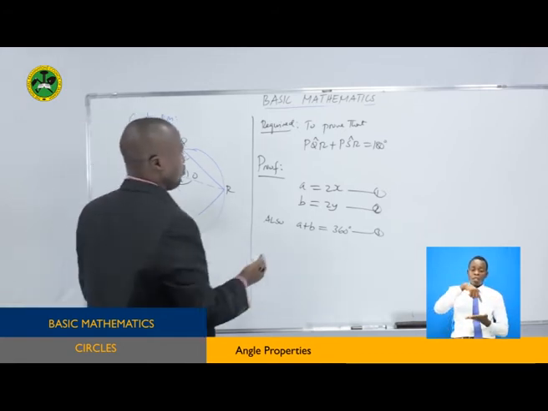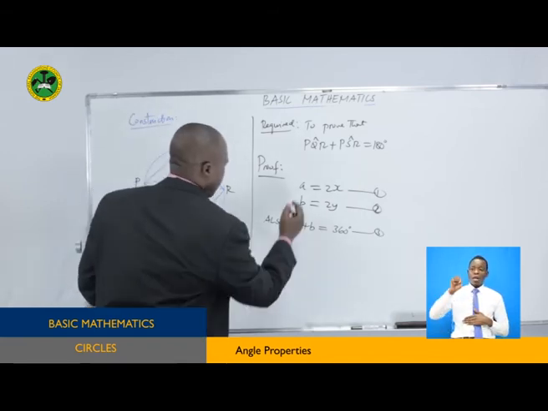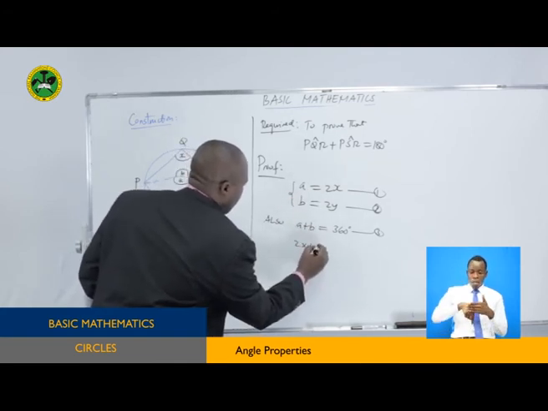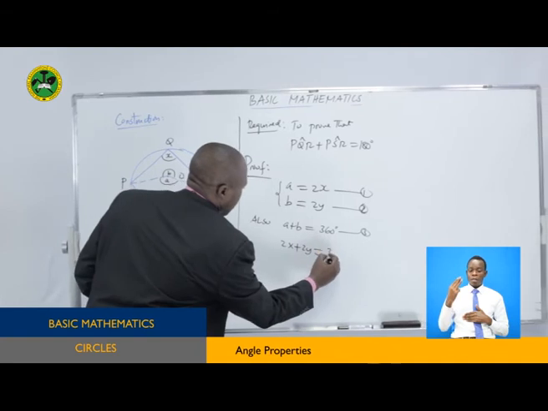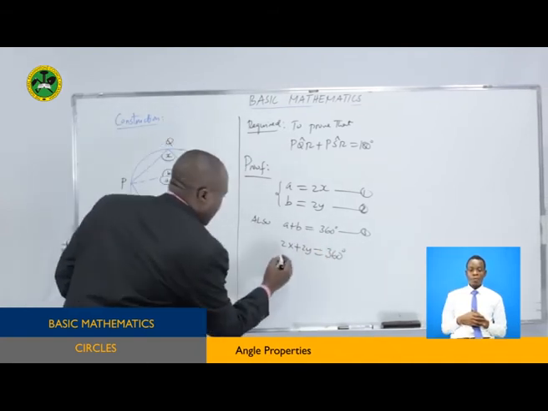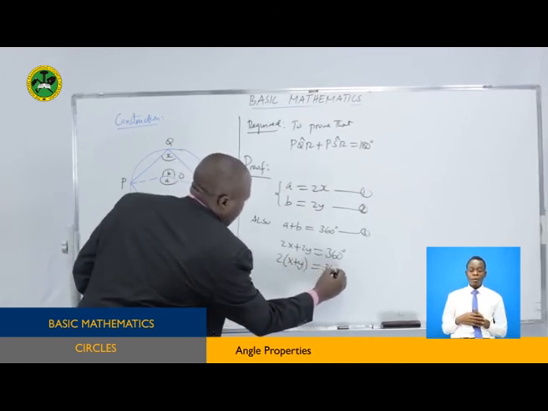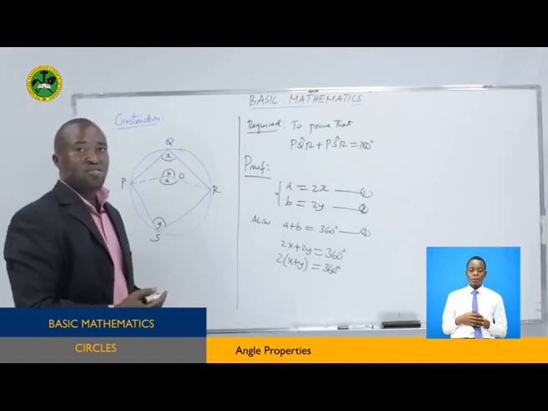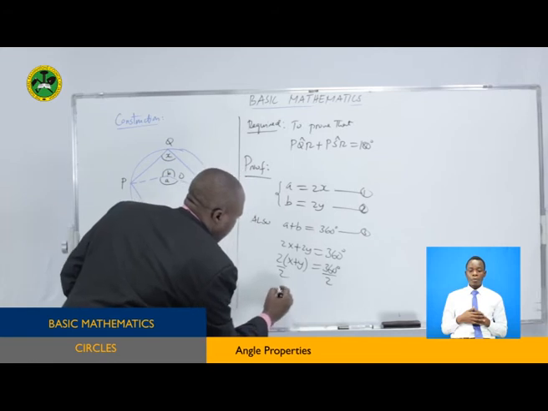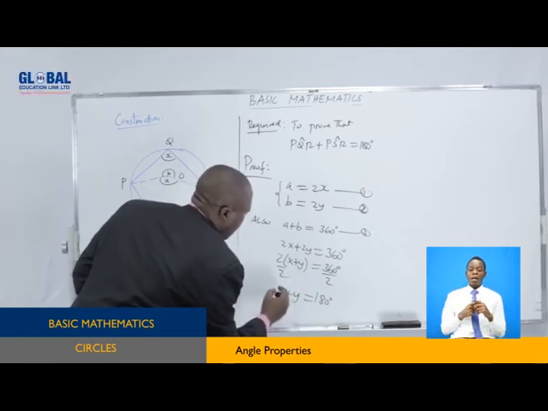Now let us substitute equations 1 and 2 into equation 3. So on substituting the two equations, we have 2x plus 2y is equal to 360 degrees. Now 2 is common in this case, so dividing by 2, we have x plus y is equal to 180 degrees.